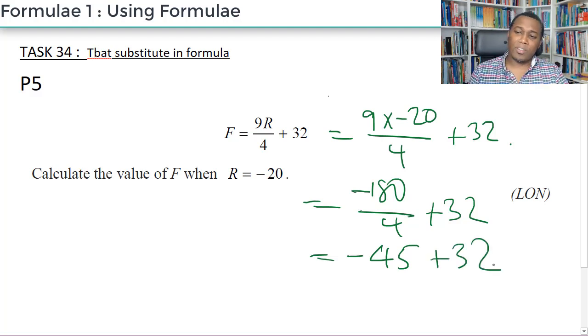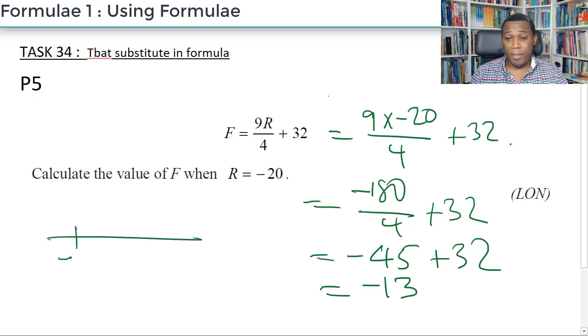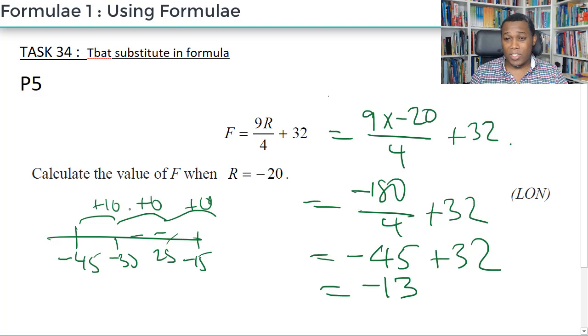Minus 45 plus 32 is what you're looking at, and that will give me a whopping minus 13. If I start at minus 45, I go up 10, minus 35, I go up another 10, minus 25, I go up another 10, minus 15, that's 30, and then I add on 2, I get to minus 13.